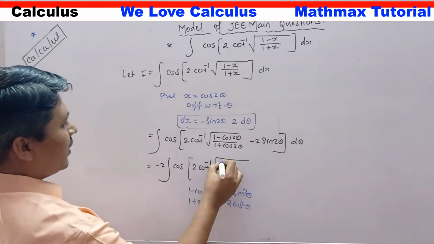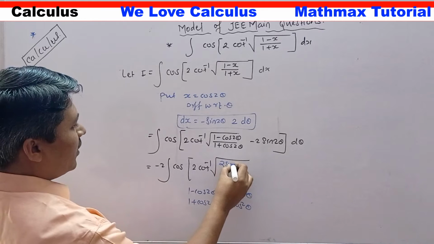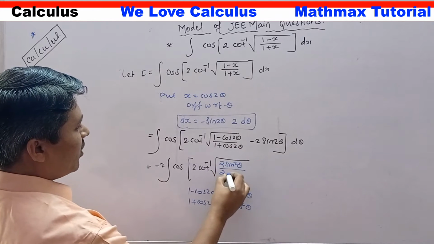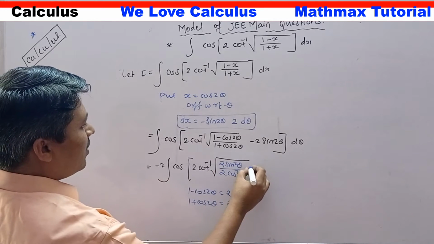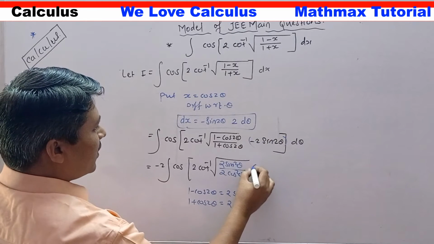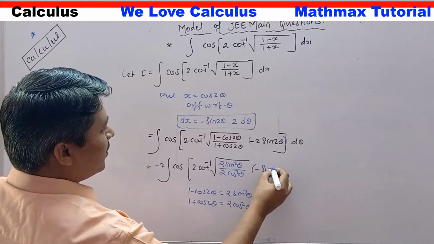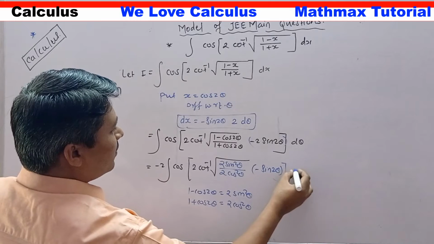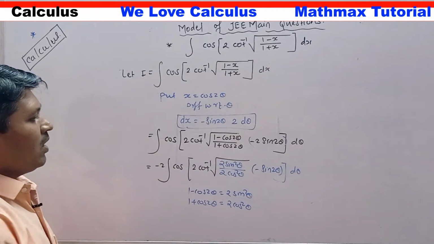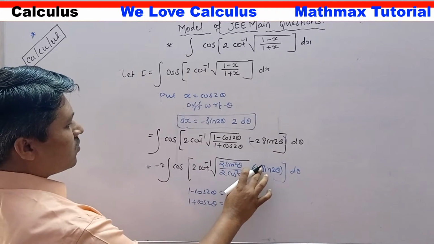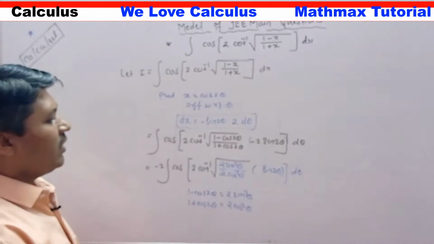Then the equation becomes cos(2 cot inverse of the square root of 2 sin square theta divided by 2 cos square theta) times sin 2 theta d theta, with the minus sign already taken outside.